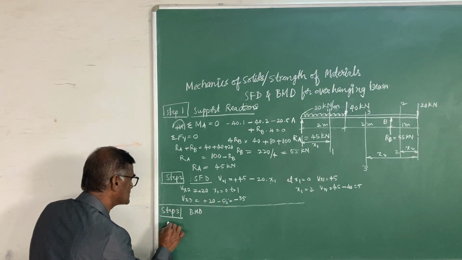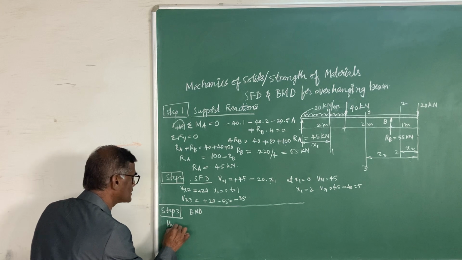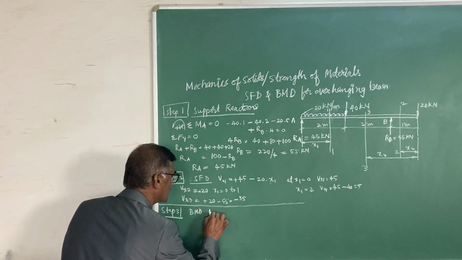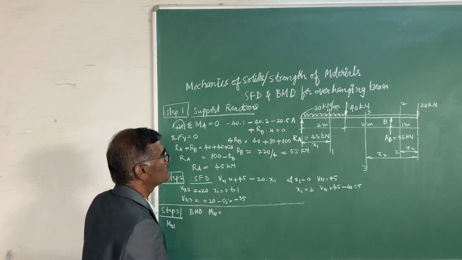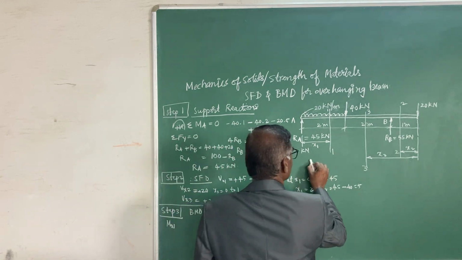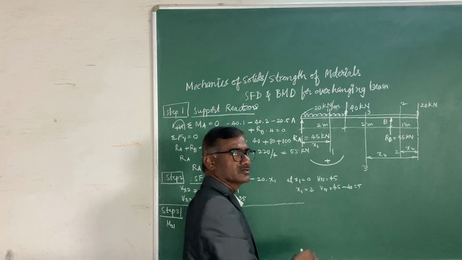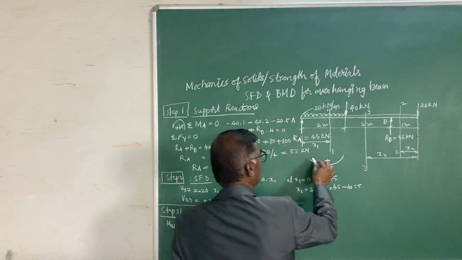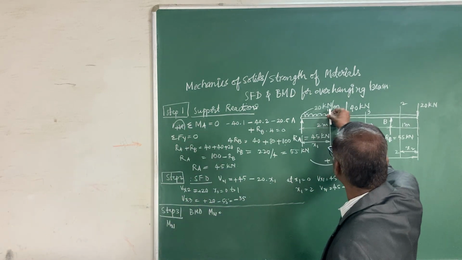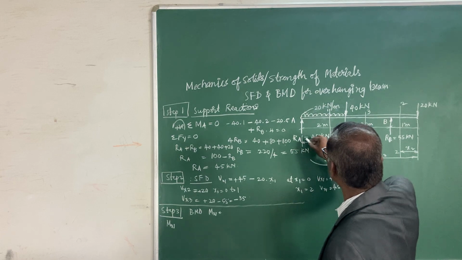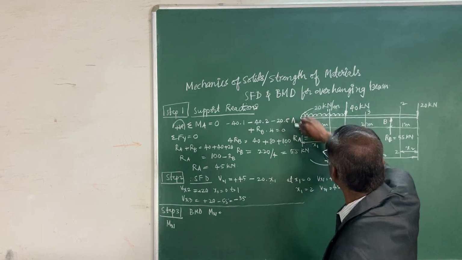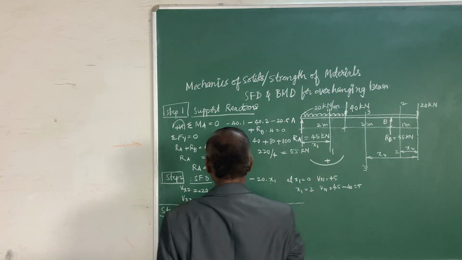Now the notation is Mx1 equals to... As you know, the smile effect contributes clockwise bending. It is positive bending. About this particular section, the 45 kilonewtons contributes a smile effect, so it is positive.